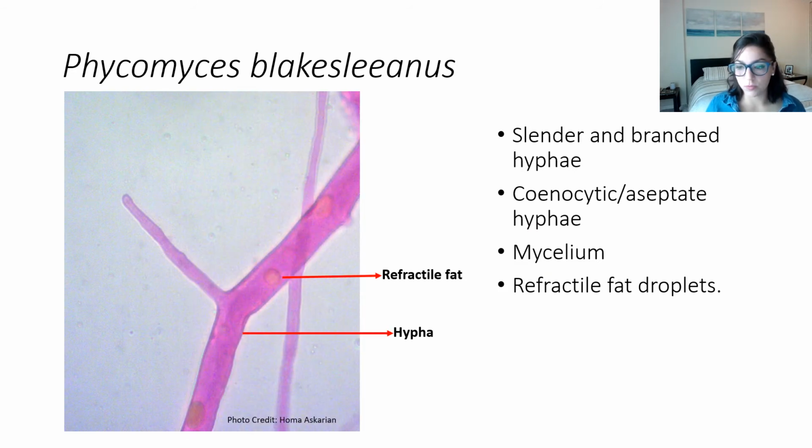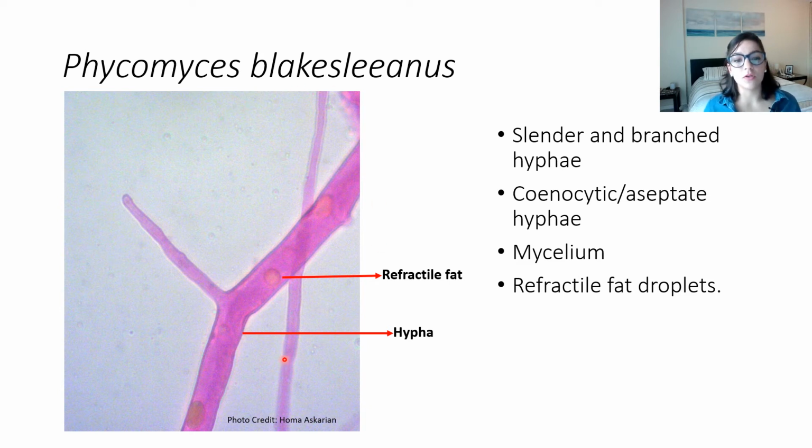One of the fungus you will be observing today is Phycomyces blakesleeanus, and as you can see in this photograph, it has slender and branched hypha, and they are aseptate. You cannot see any septa over here, so it allows us to say that it's an aseptate hypha, and those hyphas are the ones that compound the mycelium.